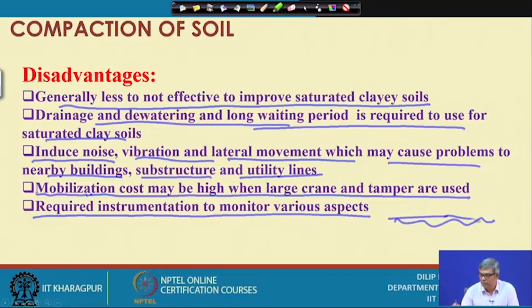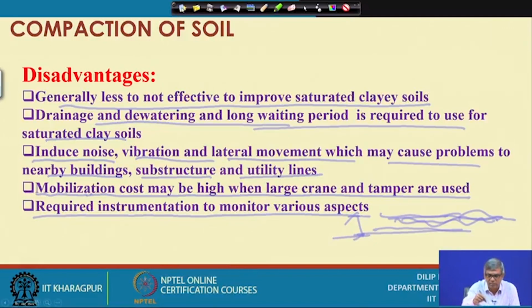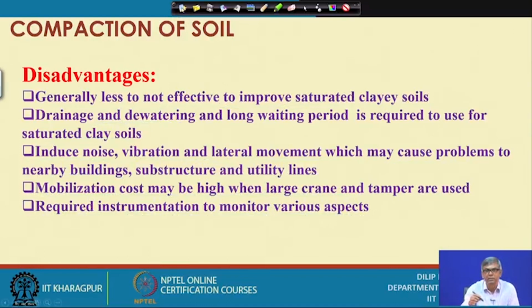Because of dropping of weights, the surface will be very irregular, and this thickness is sometimes 0.5 meter to 1 meter of disturbed depth. So, in conjunction with deep dynamic compaction, you have to use a roller to finally get the finished surface. So, that is another disadvantage of this method, because deep dynamic compaction alone is not sufficient to improve the surface of the site.